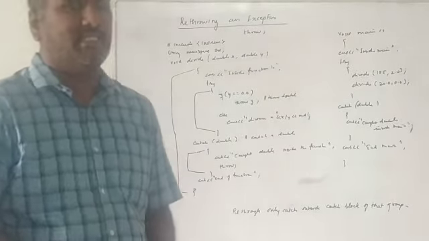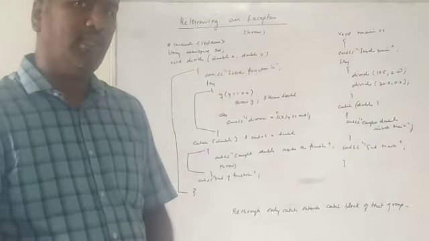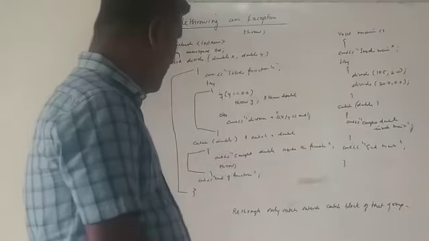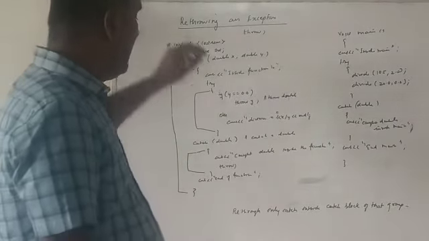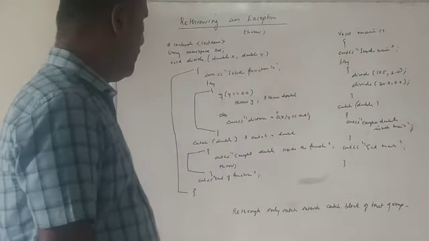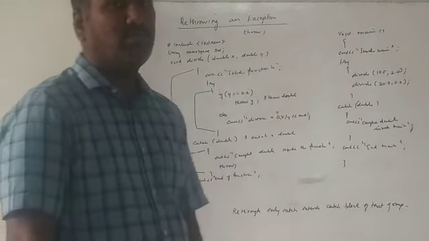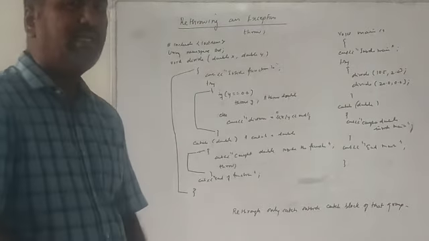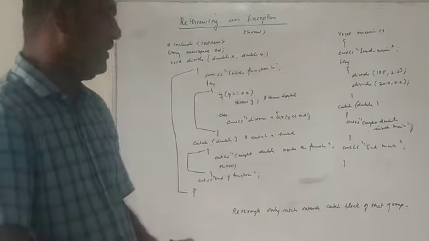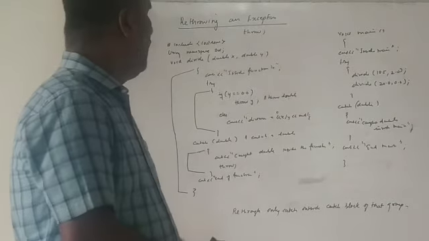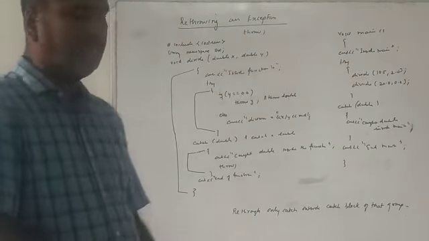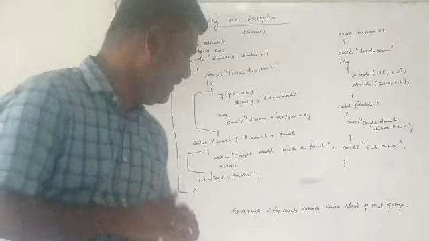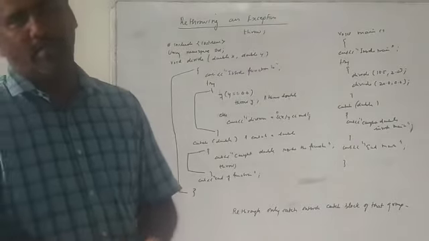Rethrowing an exception. A handler may decide to rethrow an exception it caught without processing it, without specifying any argument.